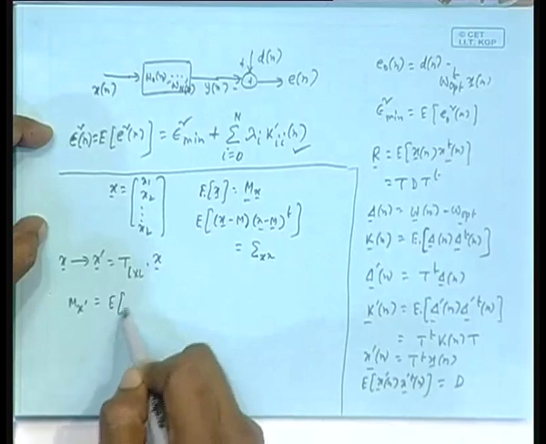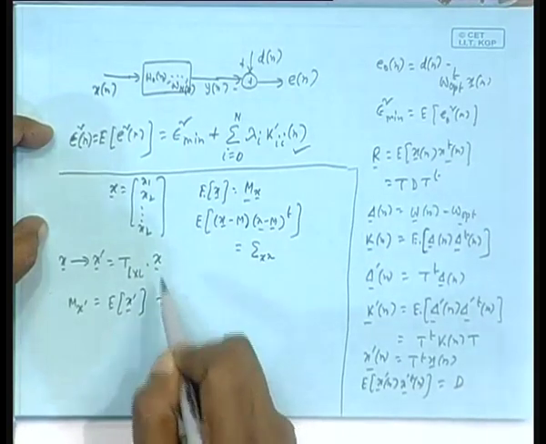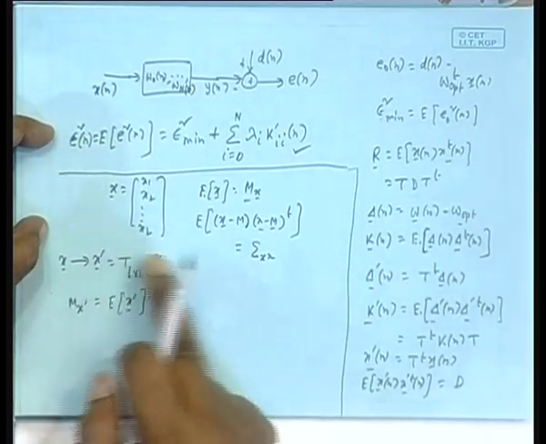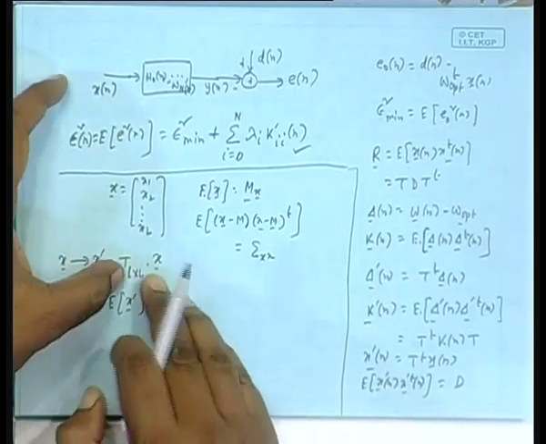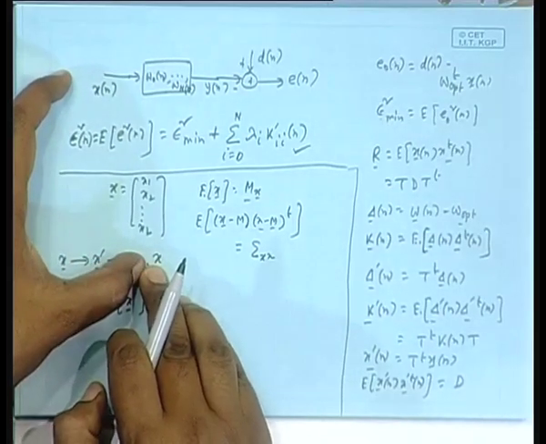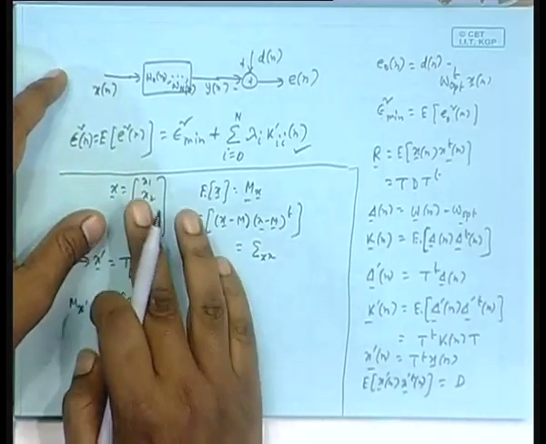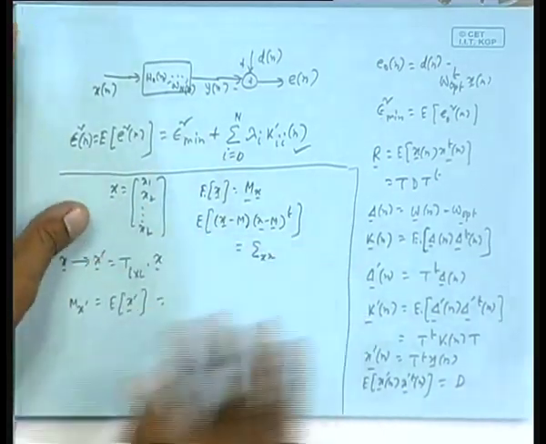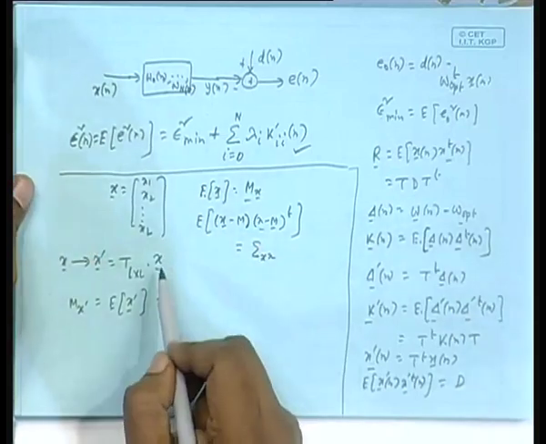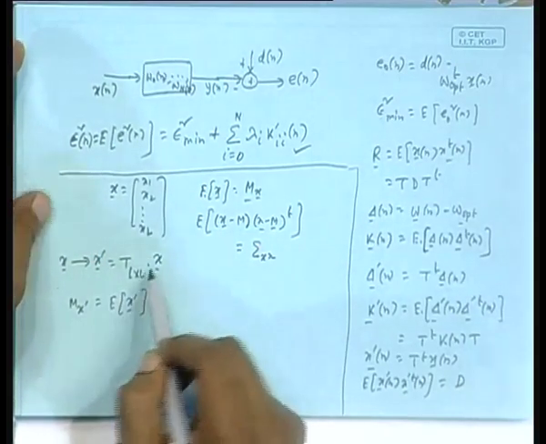That is E of x prime. You can take the matrix out and apply E directly, because linearly combining the elements gives a summation of something times x 1 plus something times x 2 and so on, and better you take the expectation on the elements of x and you will get the same thing.